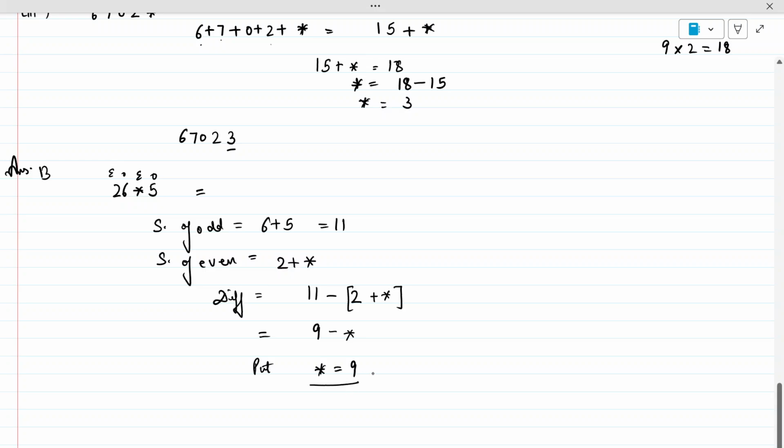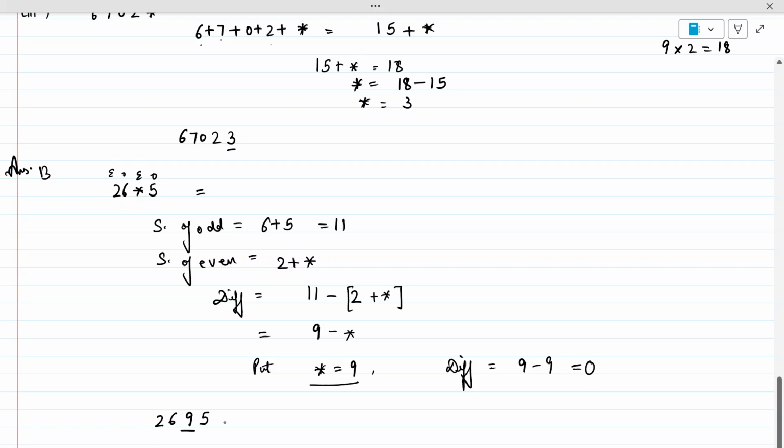When we take this star as 9, we get the difference as 9 minus 9, which is 0. And if the difference is 0, that means this number is divisible by 11, right? So we see here the difference is 0 and the number is 2, 6, 9 and 5.